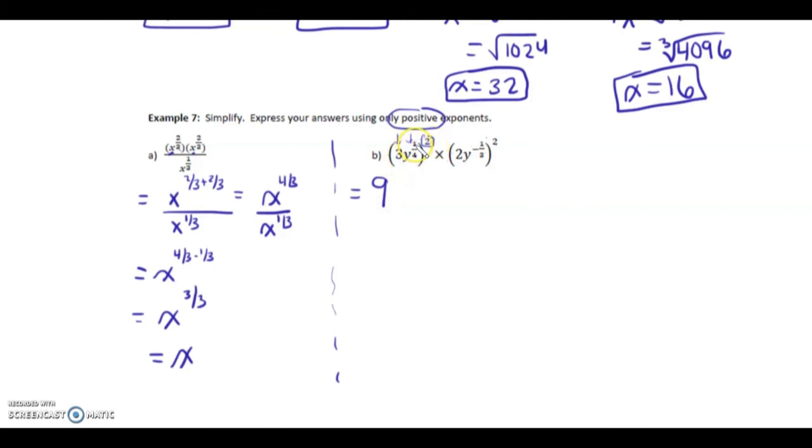What we're doing is multiplying 1/4 by 2. So we get y to the 1/2. Okay, 1/4 times 2 is 2 over 4, which is just 1/2. Now we're going to multiply by, well, what's 2 squared? I get 4, y, and then what's negative 1/3 times 2? Negative 2/3.